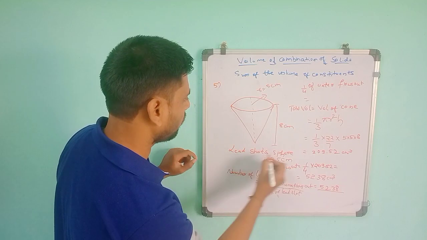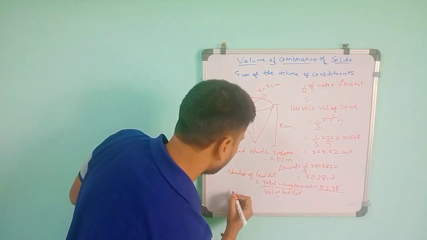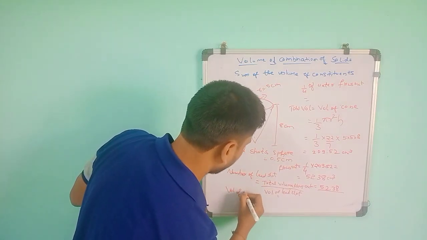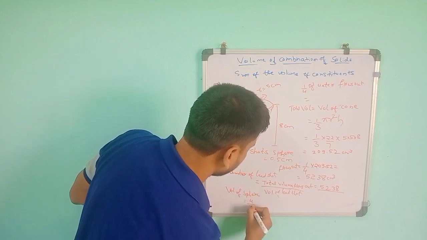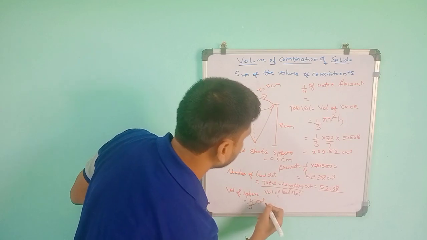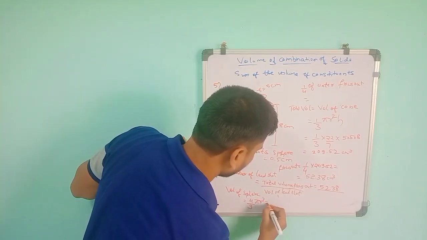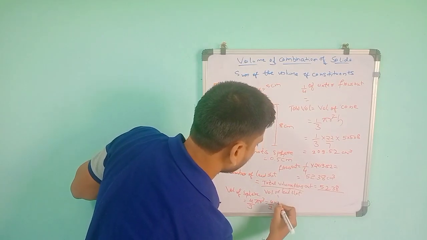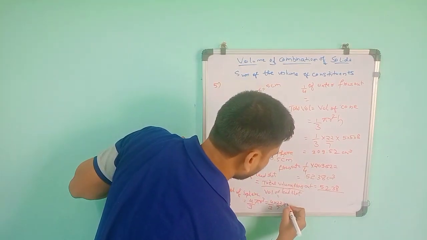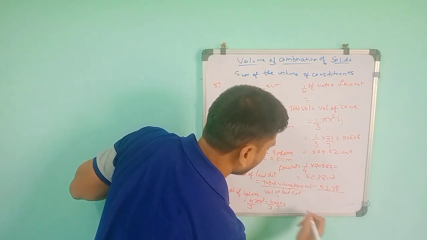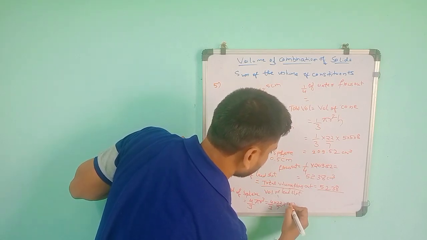We have to calculate it. They gave a sphere, so the volume of a sphere is 4 by 3 pi r cube. So 4 by 3 into 22 by 7 into r, which is 0.5, so 0.5 into 0.5 into 0.5, that is 0.5 cube.